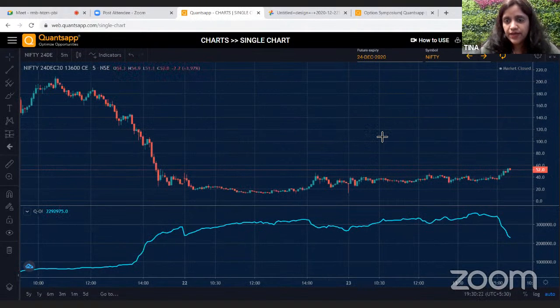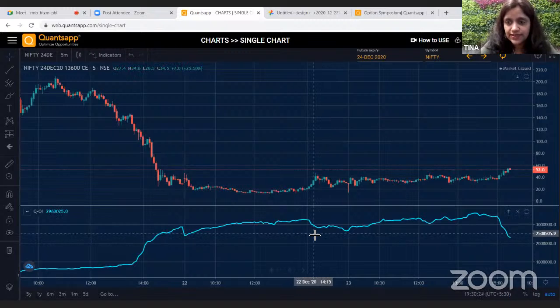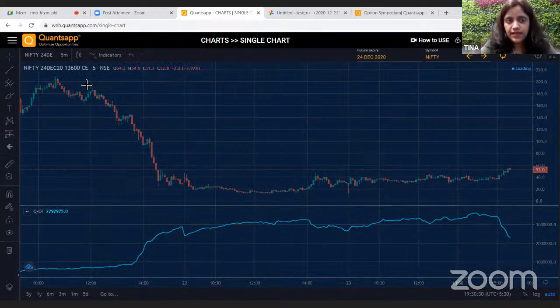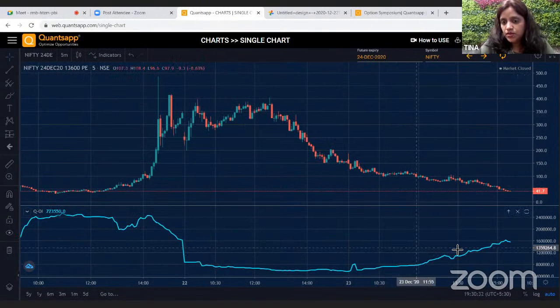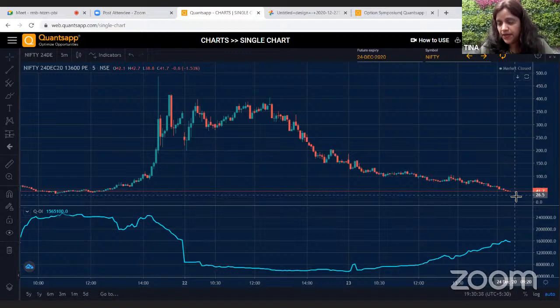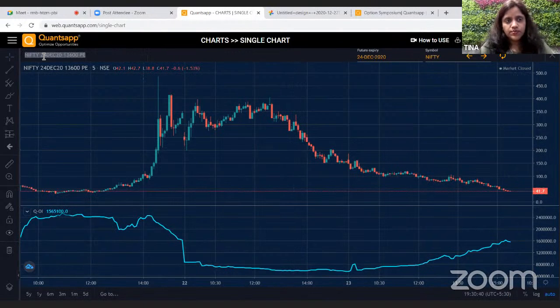This is the OI and price chart of 13,600 C. And then if I make it PE, I can look at the PE chart. So it's just a click away. You see how the 13,600 P OI has increased and now the price has fallen. This way, you can use the single chart to have a look.